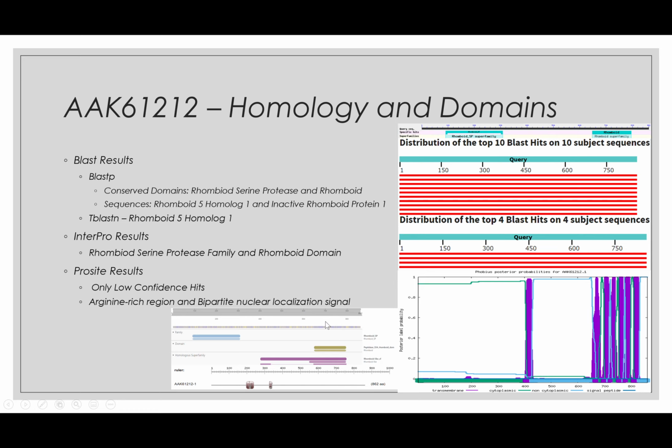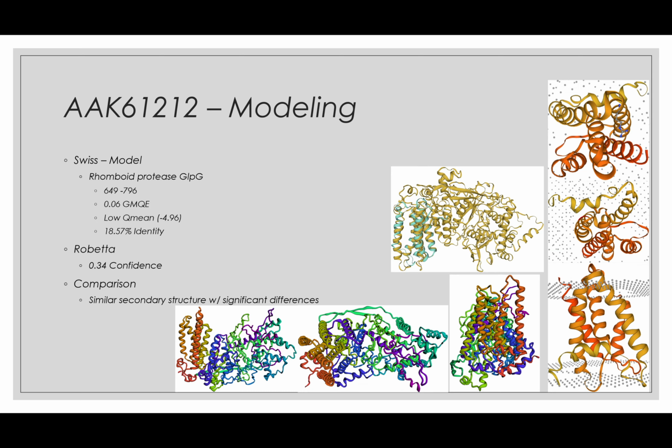And the PROSITE results, both these hits were low confidence. One was an arginine-rich region. The other was a bipartite nuclear localization signal. Again, low confidence, not really the best to base function predictions on.